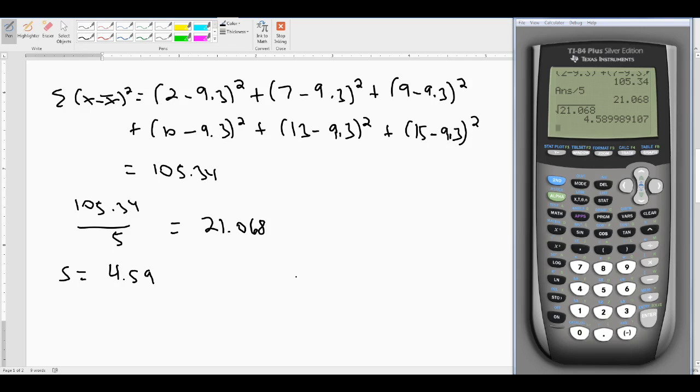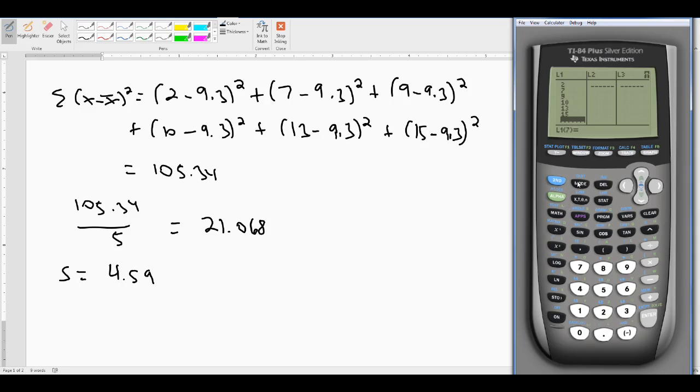That's an approximation. Now if you want to check it, there's something we can use called the stat feature on this calculator. Yours may or may not have it. I'm going to go ahead and do this. Stat, edit, hit enter. I'm going to throw in those numbers, which were 2, enter, 7, enter, 9, enter, 10, enter, 13, enter, 15, enter.